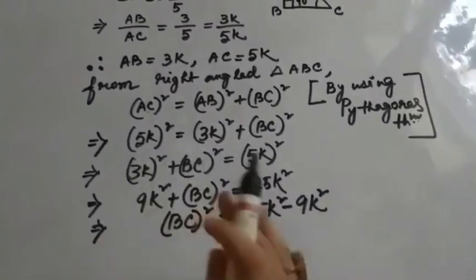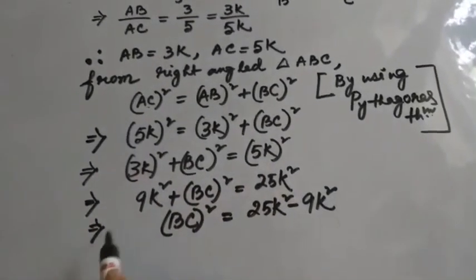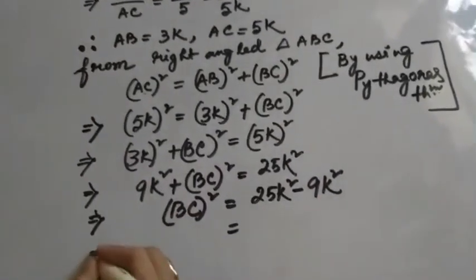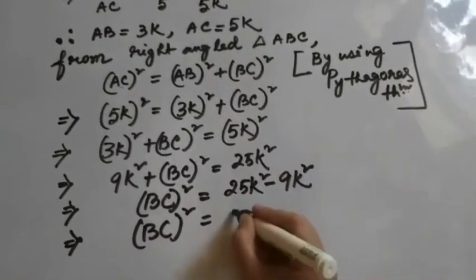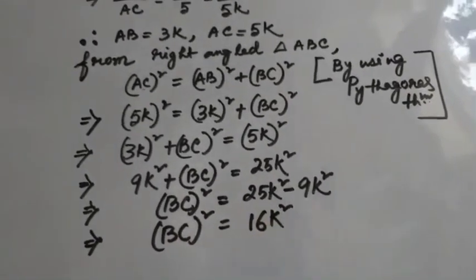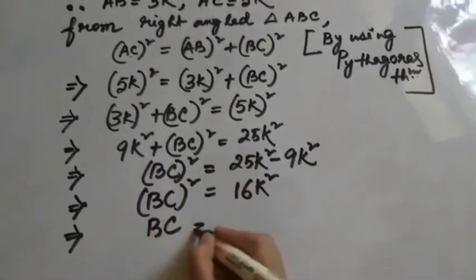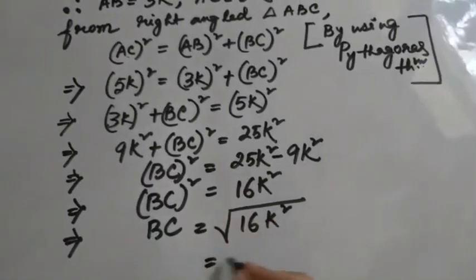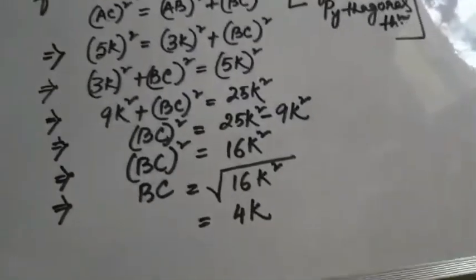When converting it from the left hand side to the right hand side, the sign will change. It will be a minus sign. So now BC whole square will be 16K square. After taking the square root, the value will be 4K. So the value of BC will be 4K.